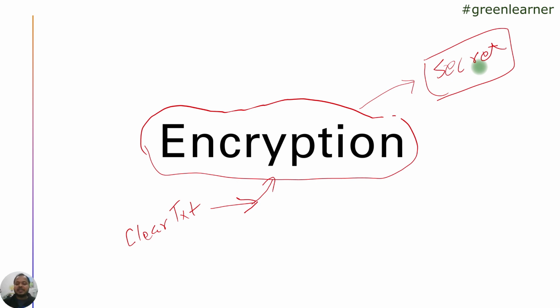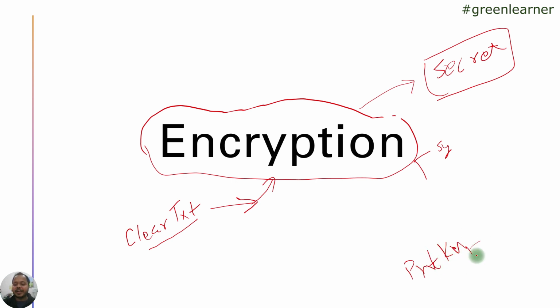There are two mechanisms of encryption. I'm not going deep, but I can give you a brief: symmetric encryption and asymmetric encryption. In both cases, there is some form of private key in place that is used to encrypt. For example, if I give a password like password123, we have this private key which is known to the system only.